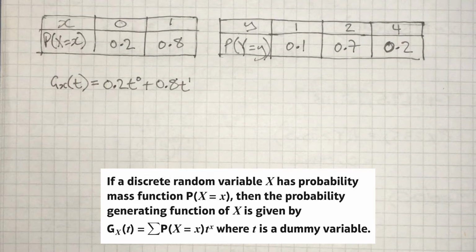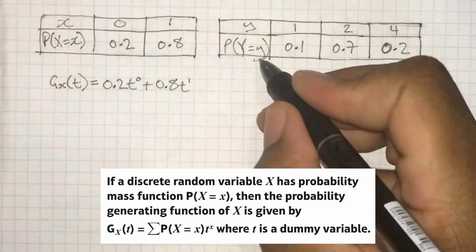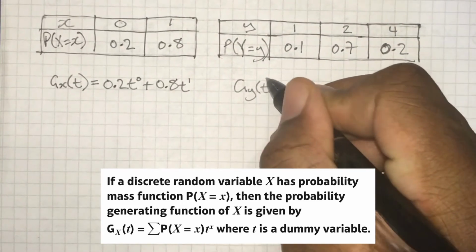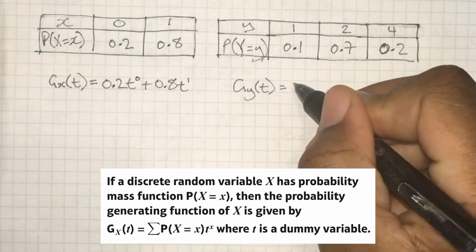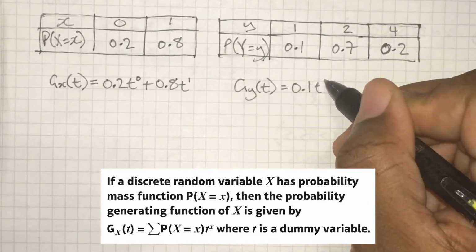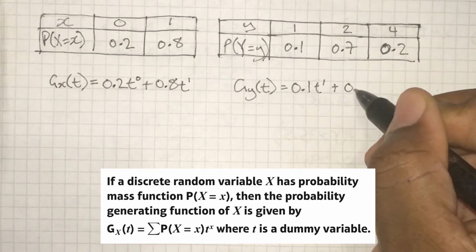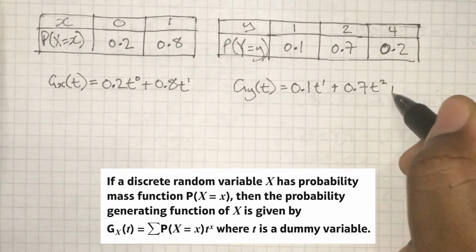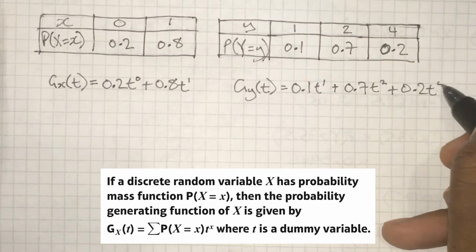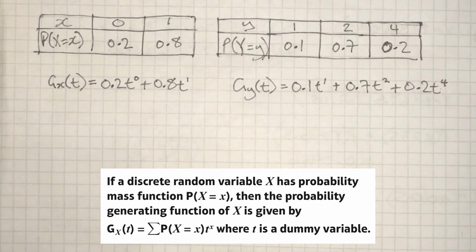So I have the probability 0.8 multiplied by the dummy variable t to the power of 1. I can do a similar thing for G_Y of t, and I'm going to take the probability as the coefficient and t to the power of 1. Probability and t to the power of 2, and once again the probability and t to the power of 4. And this is the probability generating function for these two discrete random variables.